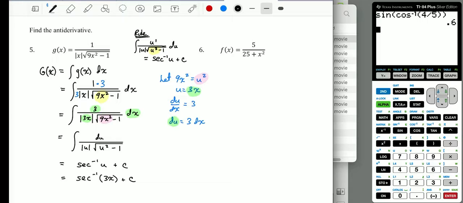And that's all she wrote for that one. You can do a quick double check. You plug it into the derivative rule, and you'll be in good shape there.